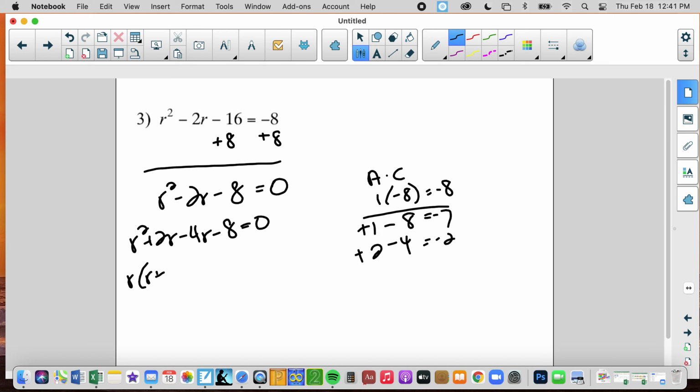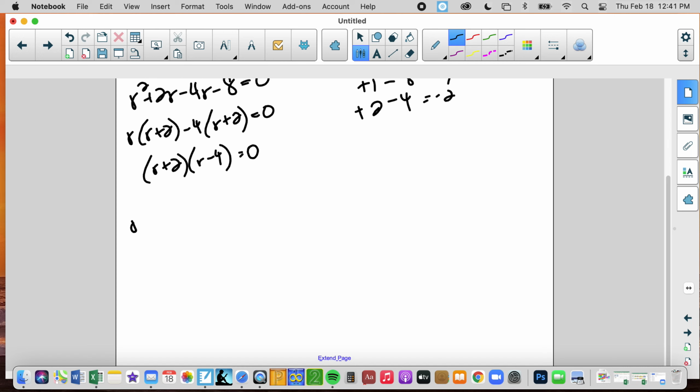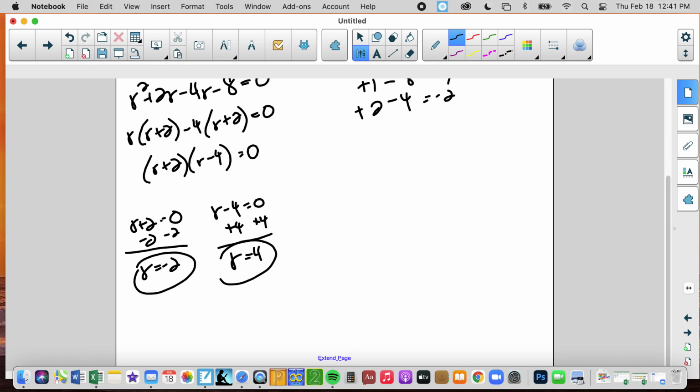Factor out an r. Factor out a -4. We get r plus 2, r minus 4 equals 0. r plus 2 equals 0, r minus 4 equals 0, minus 2, add 4, and your solutions are -2, 4.